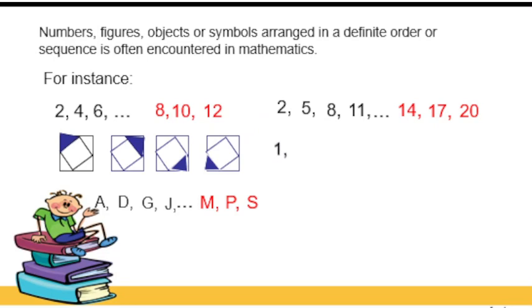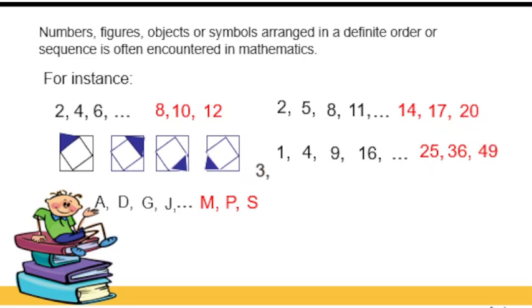Next, you have 1, 4, 9, 16, and the possible next would be 25, 36, and 49.